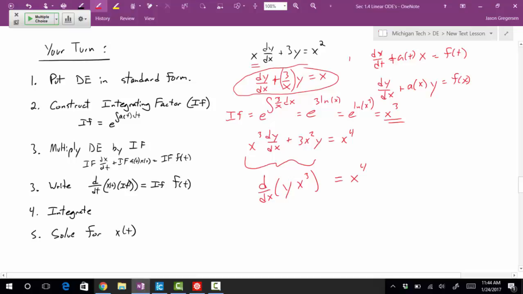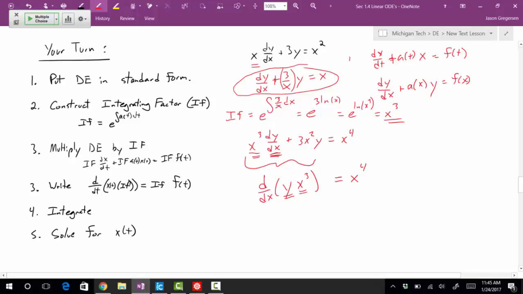Now, did I recognize that? No, I knew to write down derivative of dependent variable and integrating factor. I knew to do that. Once I write it down, though, I should check, right? I'm thinking the product rule. Now, if I do the product rule, I get derivative of the first thing times the second thing.